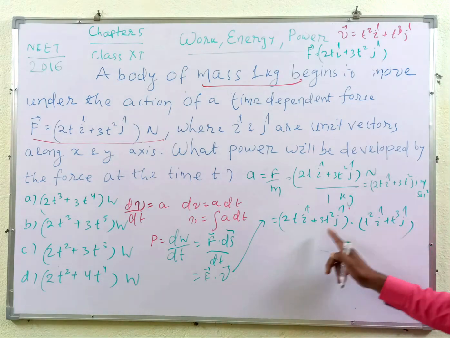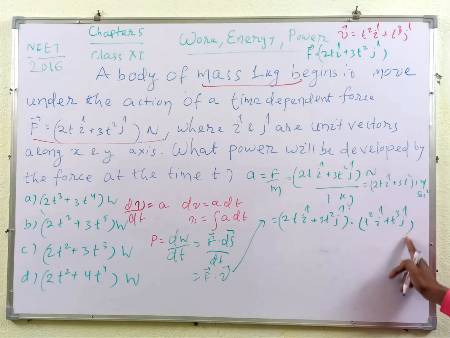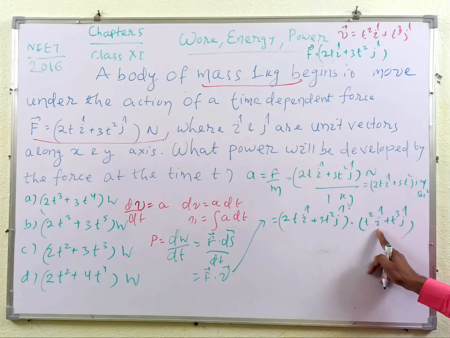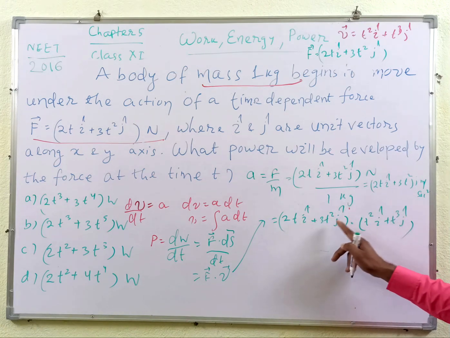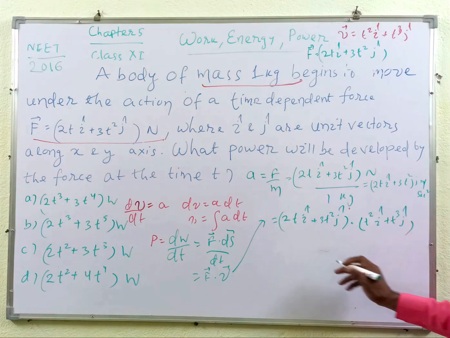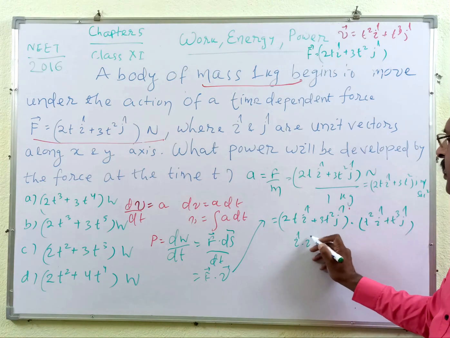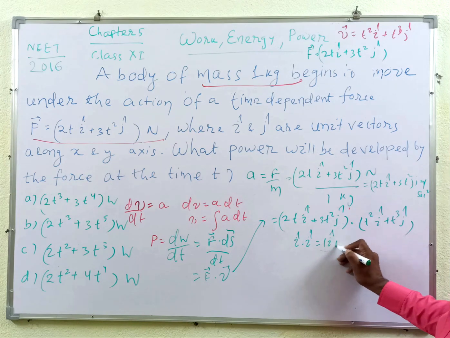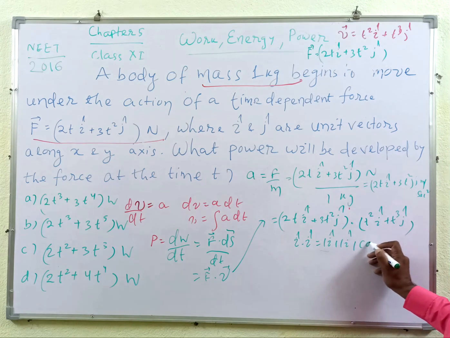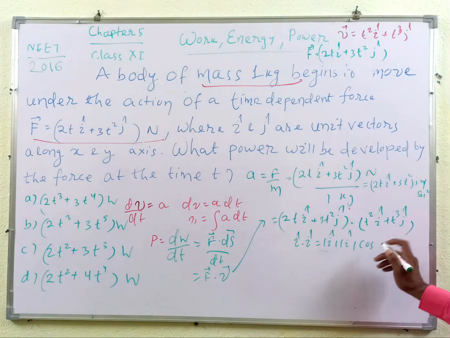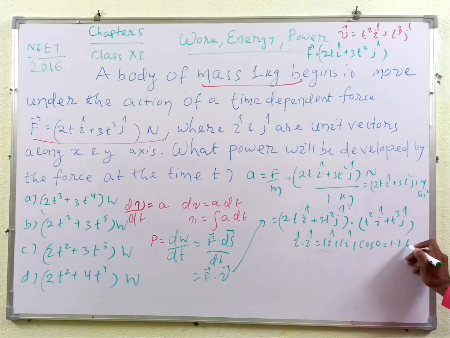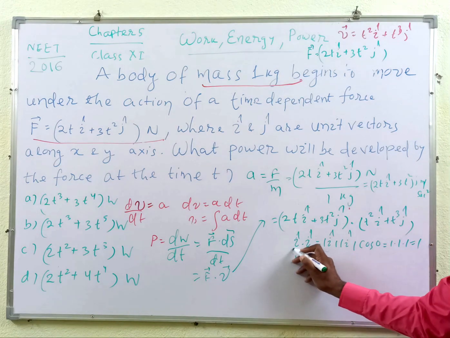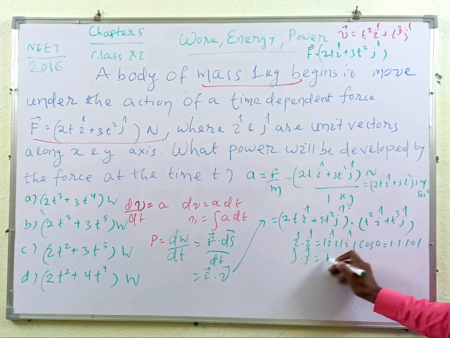Students, when we multiply these two terms with these two terms, there will be i dot i term, i dot j term, j dot i term, and j dot j term. What is the value of i dot i? i dot i is equal to mod i cap into cosine of the angle between i and i, that is 0. So this is 1 into 1 into 1, equal to 1. Similarly, j cap dot j cap will be equal to 1.